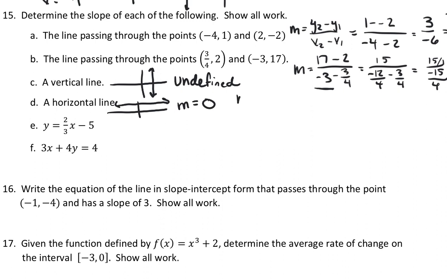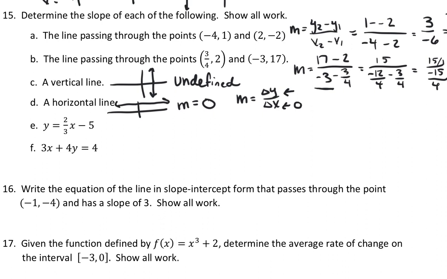And these are shown in our equation. The slope is equal to the change in y over the change in x. In C, the y values are changing and the x value is always the same. That means the change in x is equal to 0, but we can't divide by 0, so that is undefined.